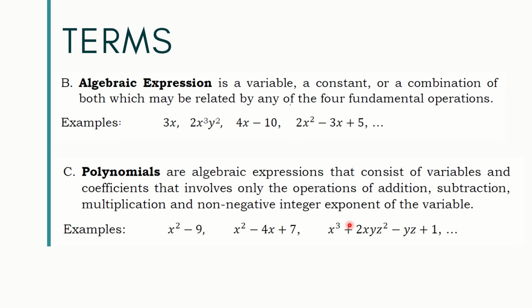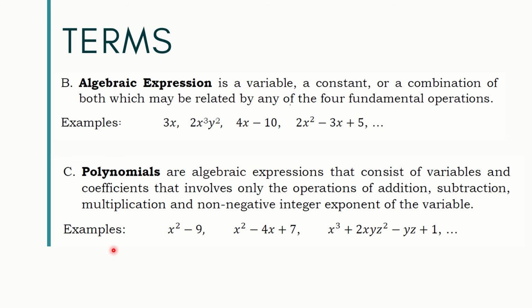Now, polynomials, like what I said a while ago, are also algebraic expressions that consist of variables and coefficients and involve only the operations of addition, subtraction, multiplication, and non-negative integer exponents. Remember, a polynomial does not have a negative exponent on the variable.